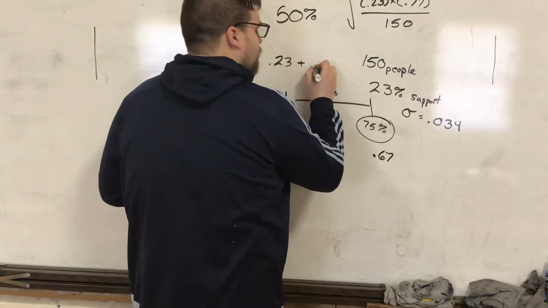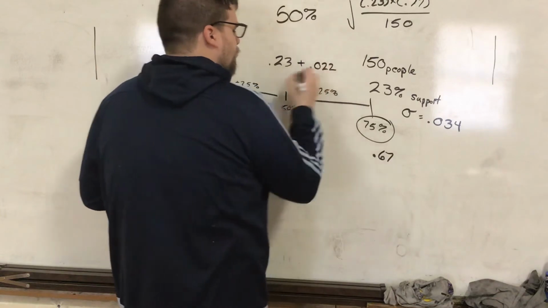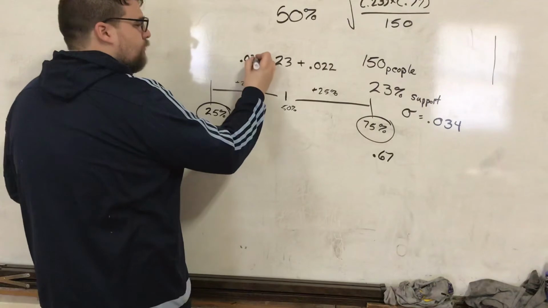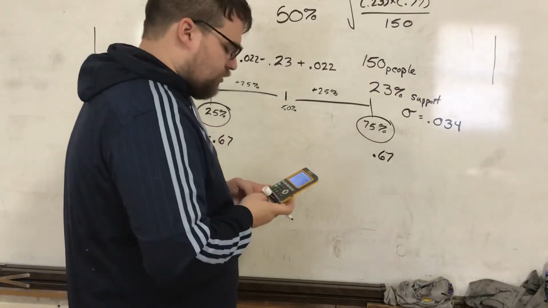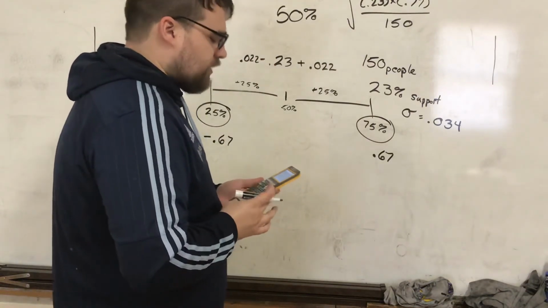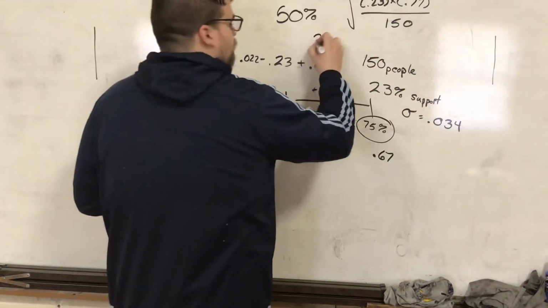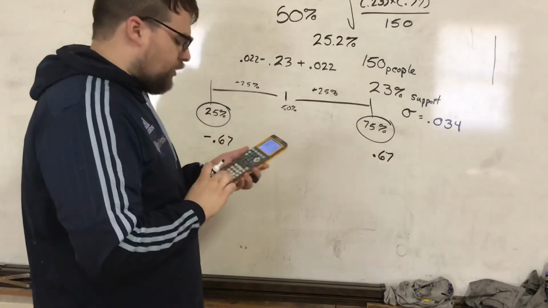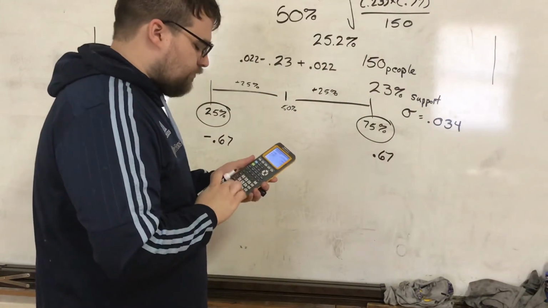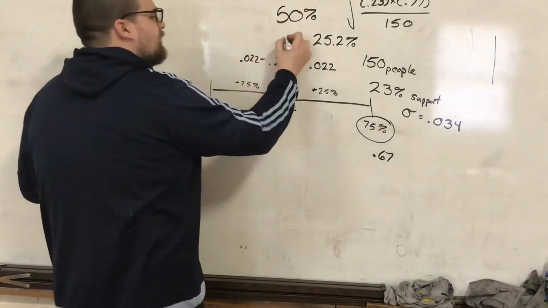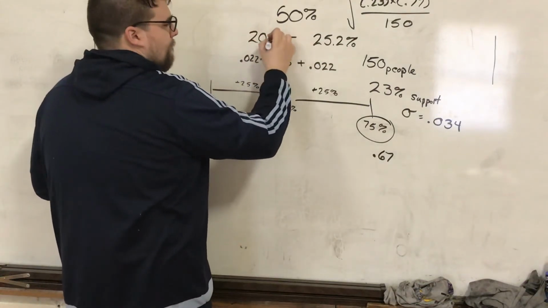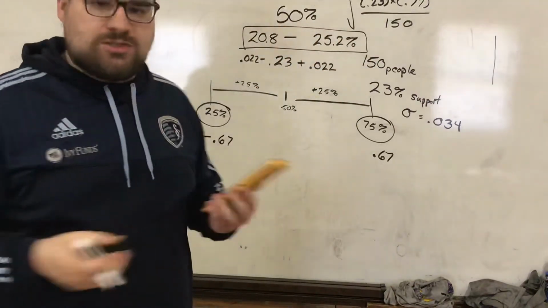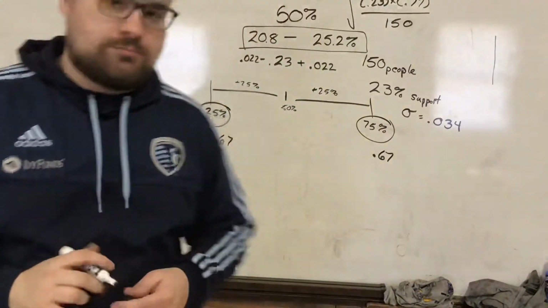So we add 0.022, and then we subtract 0.022. Well, 0.23 plus 0.022 gets us about 25.2%. And when you subtract 0.022, we get about 20.8%. So this is what the 50% confidence interval would look like.